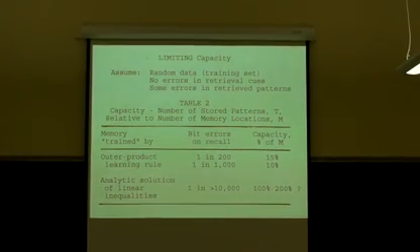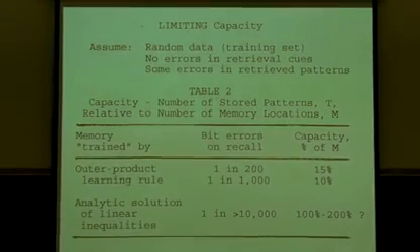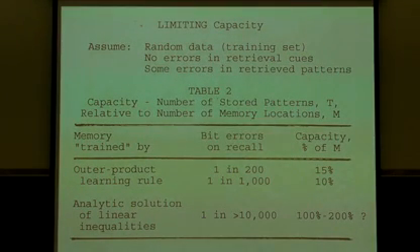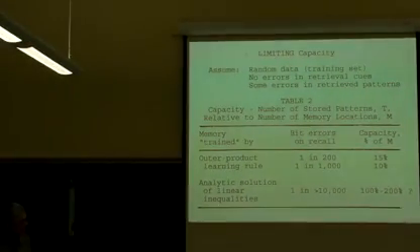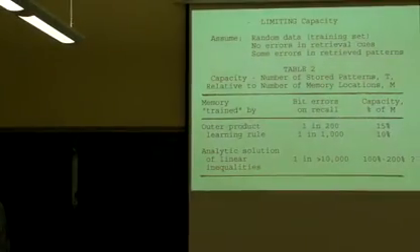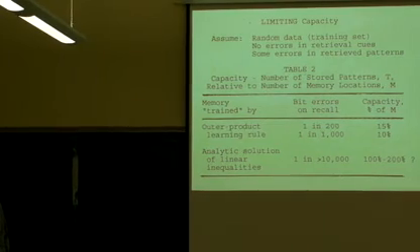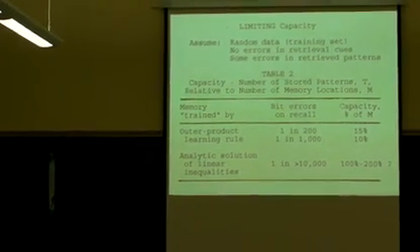So the capacity is related to the number of synapses between the Purkinje cell and the parallel fibers. And because there's such a huge number of parallel fibers, and the Purkinje cell's arbor is very large, there's a very large number of synapses.